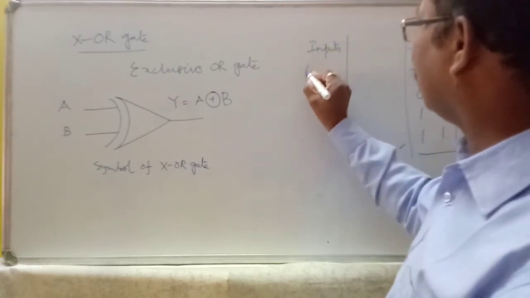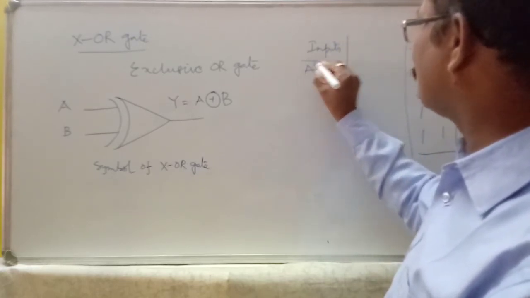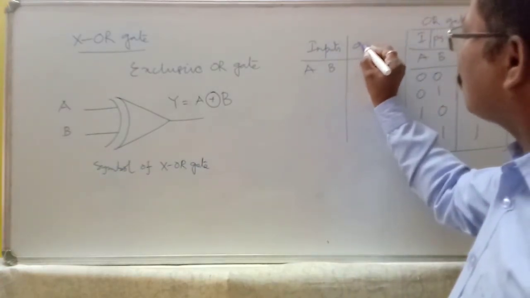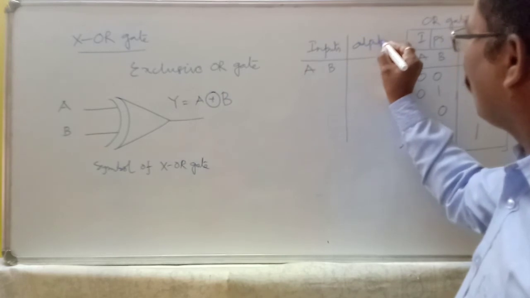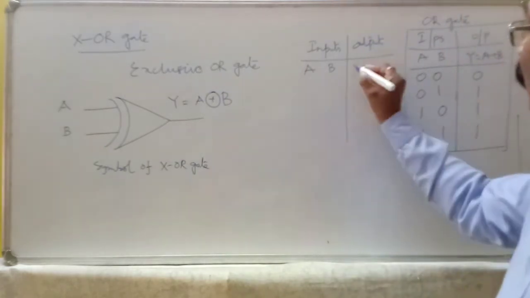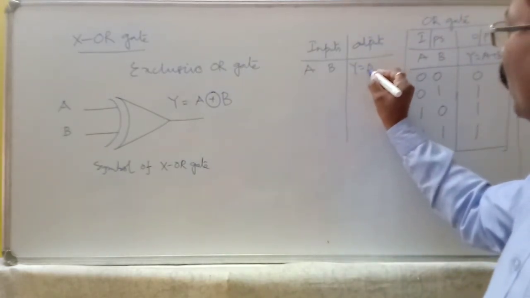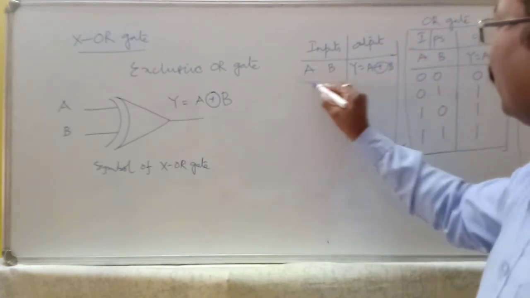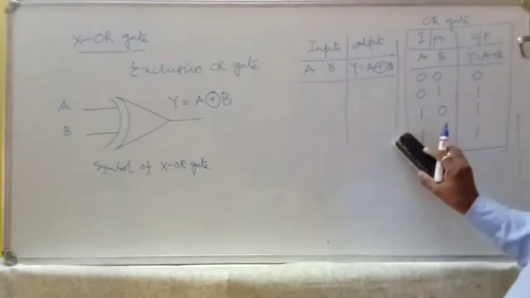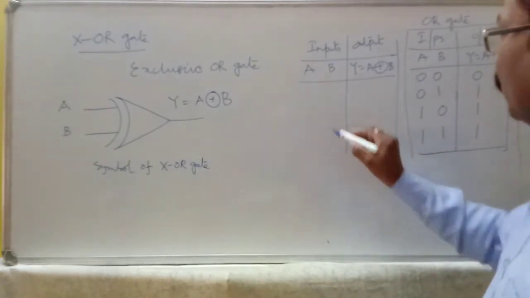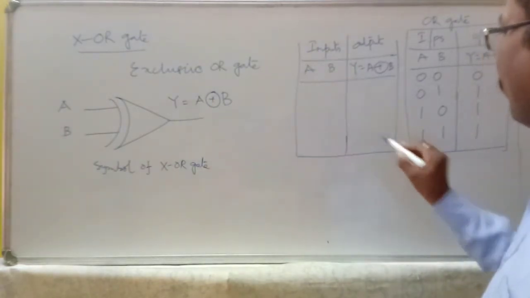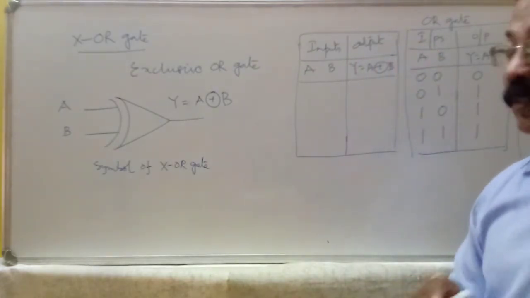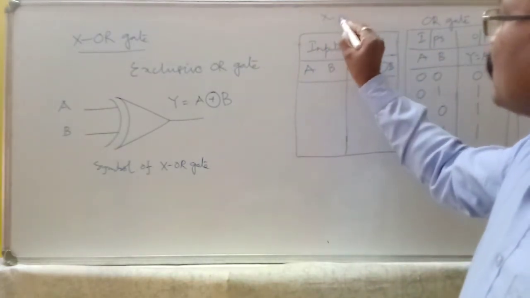Here, A and B are the inputs. What is the output? Y is equal to A XOR B. This is the XOR gate.